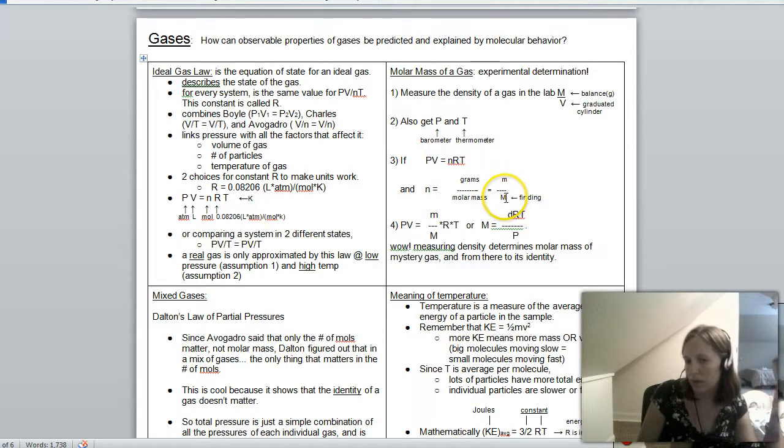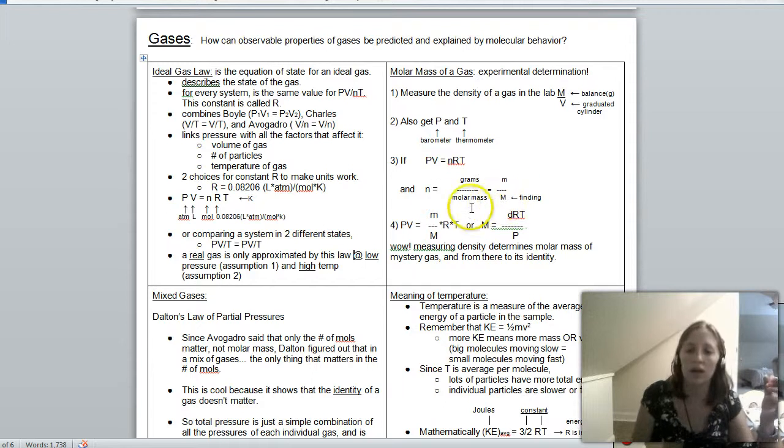A capital italic M, I believe, is the symbol for molar mass. And so you can stick little m over big M in for n, and rearrange for molar mass, and you get molar mass equals density times R times temperature divided by P, pressure.